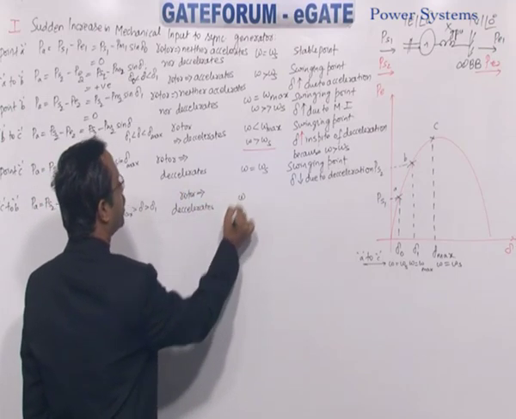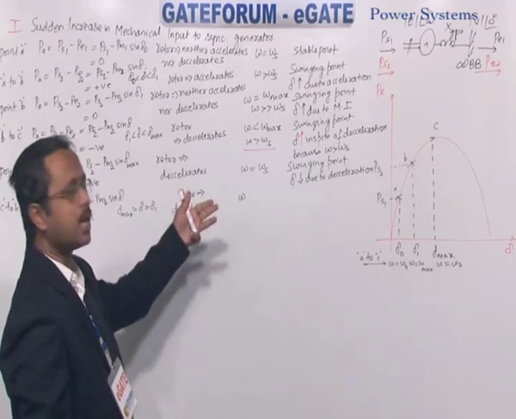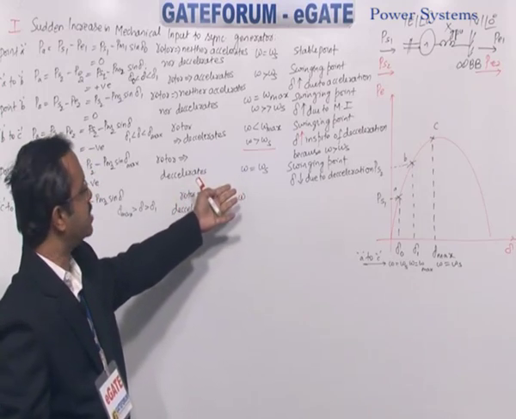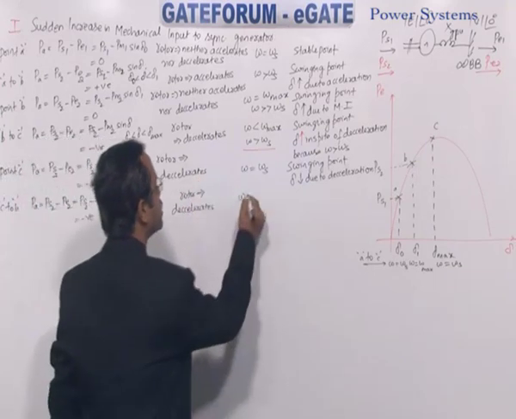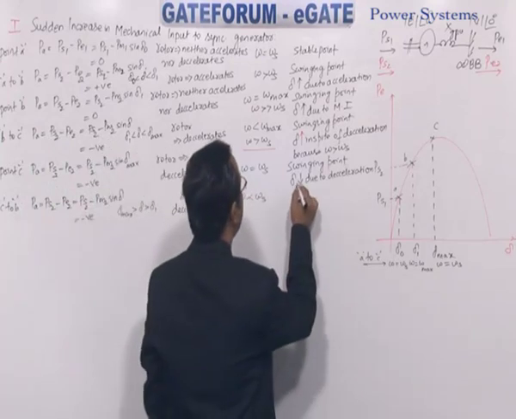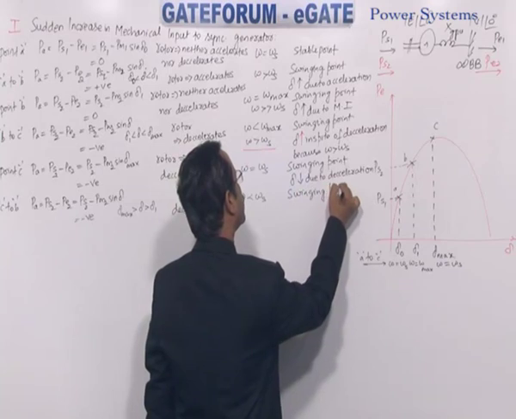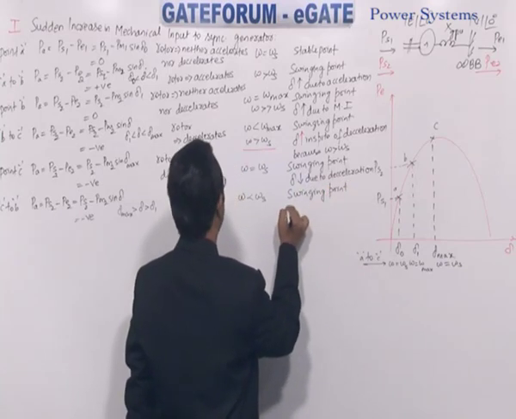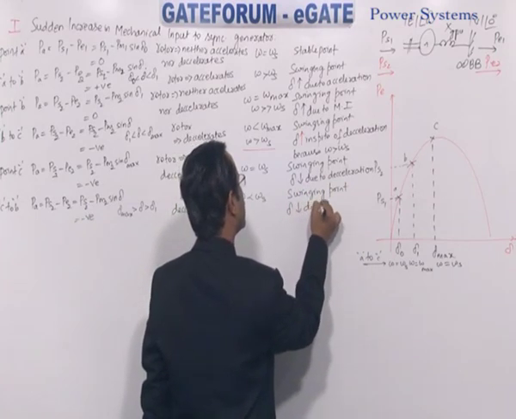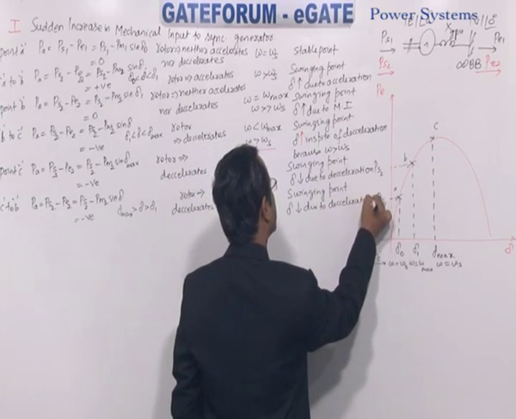So what do you write for omega? Always you write omega by comparing with the last step. In the last step, omega is equal to omega s. Decelerating means now omega is less than omega s. And what does this point refer to? This point refers to a swinging point, and due to deceleration, delta further decreases.